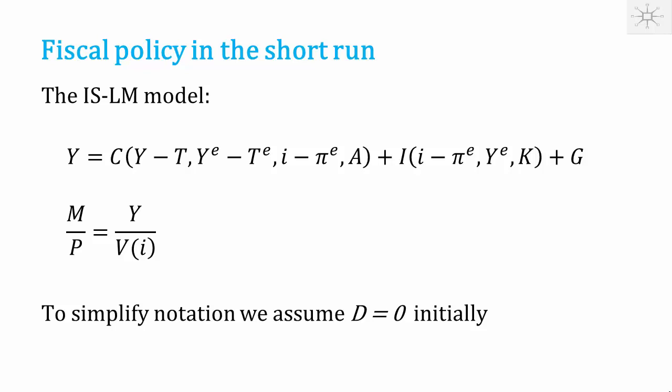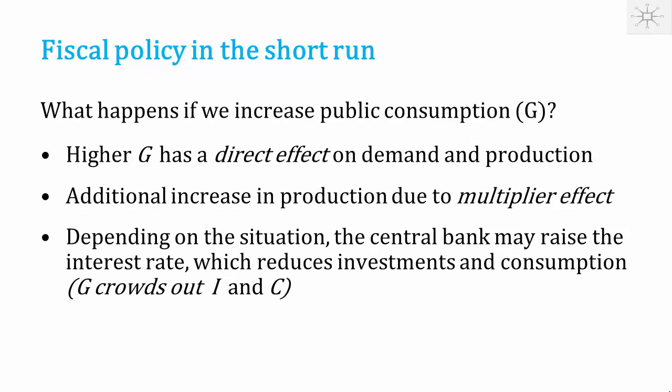So that is one difference. The other difference is that we have added G at the end here. Government purchases are a component of demand in the economy. So what happens if we increase public consumption? So G increases. Well, this can be divided into three effects.